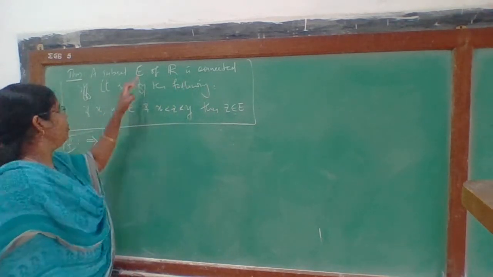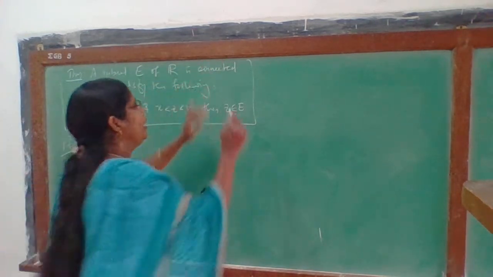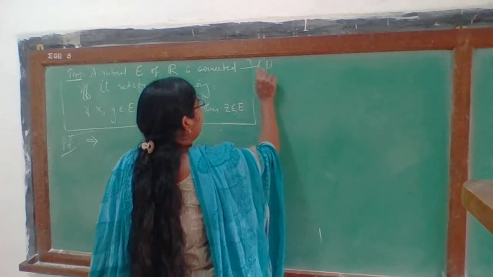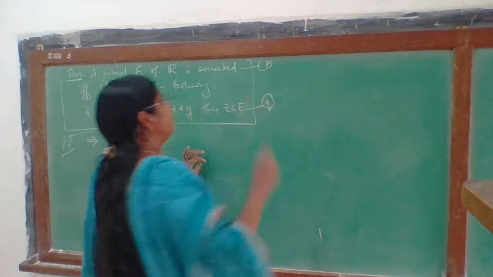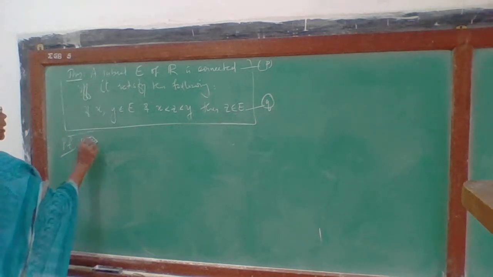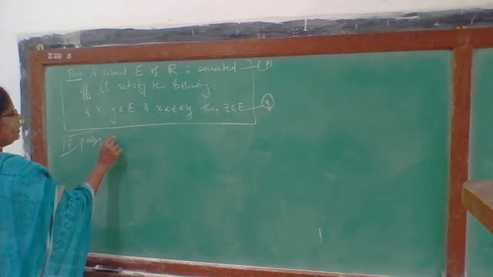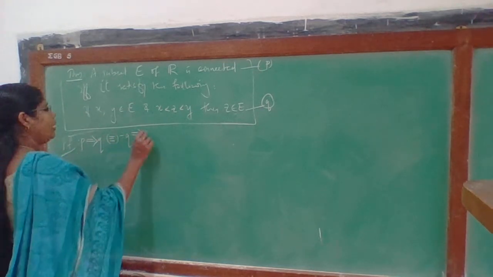Okay, so if the statement E is a connected subset of R is taken as the statement P, and this statement is taken as the statement Q, then to prove P implies Q, it is equivalent to prove not Q implies not P.